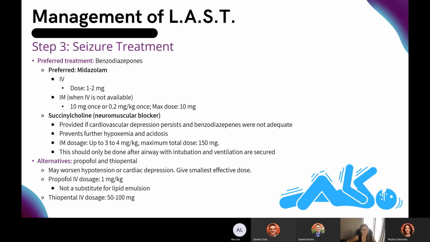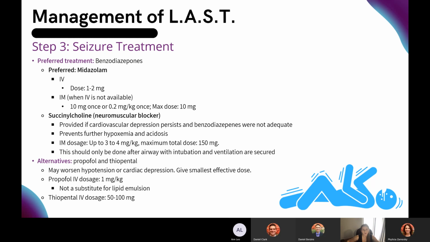And if benzodiazepines are unavailable, the next best medications would be propofol and thiopental. And there is caution to be used with these medications. This is the reason why they're secondary, is because they can worsen existing hypotension and cardiac depression. And that's why benzodiazepines are the preferred for this. And so you want to use the lowest effective dose to manage the seizures.